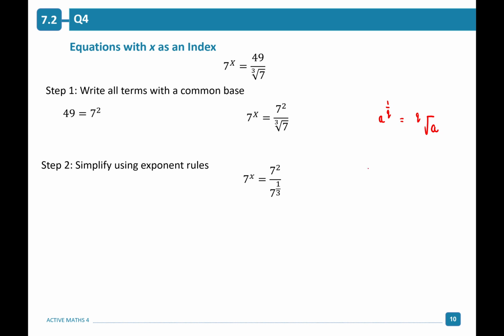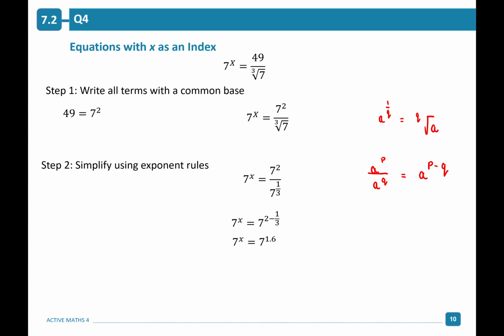We can continue to simplify this using rule 2. That's a to the power of p divided by a to the power of q equals a to the power of p minus q. When we're dividing two values that have the same base, we can take away their exponents. This leaves me with 7 to the power of x equals 7 to the power of 2 minus a third.